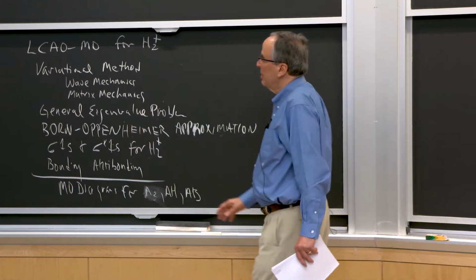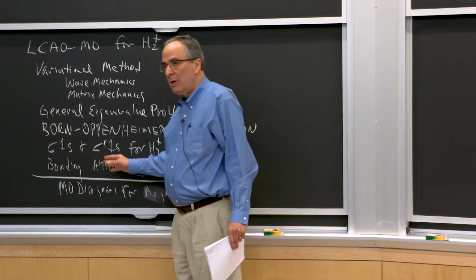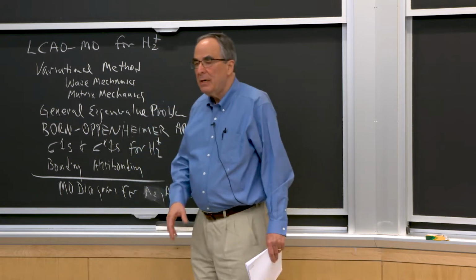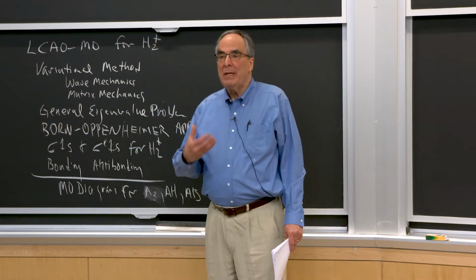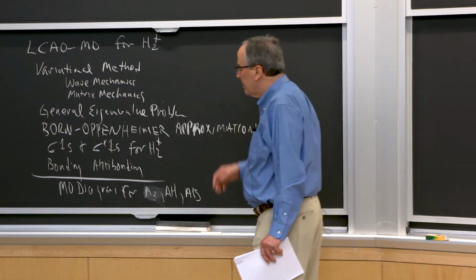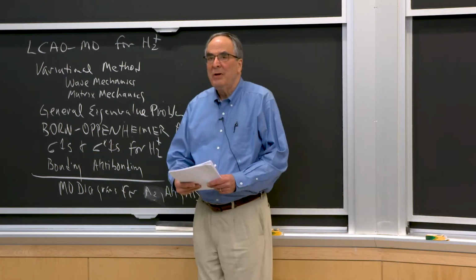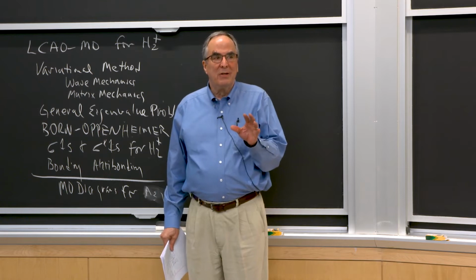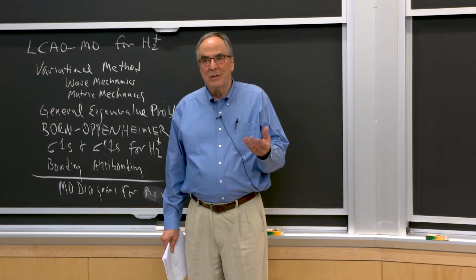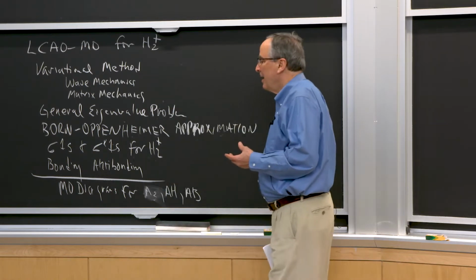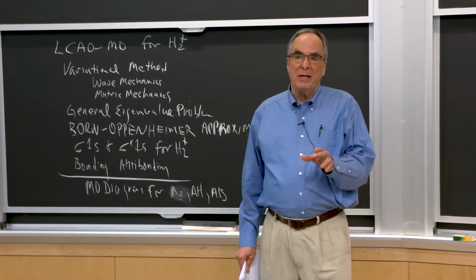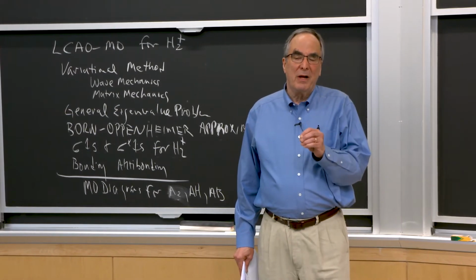Okay, we're going to derive two orbitals for hydrogen, H2+, the sigma bonding orbital and the sigma star antibonding orbital. And this is enough to basically understand how you get bonding and antibonding in any molecule. And I like to say that we understand bonding in a very simple way.